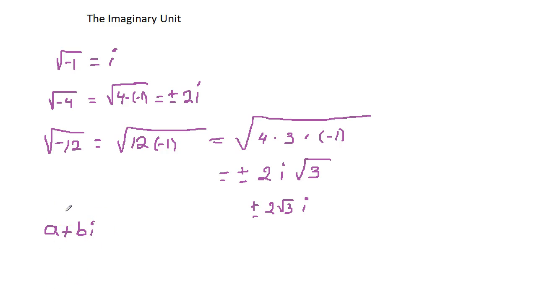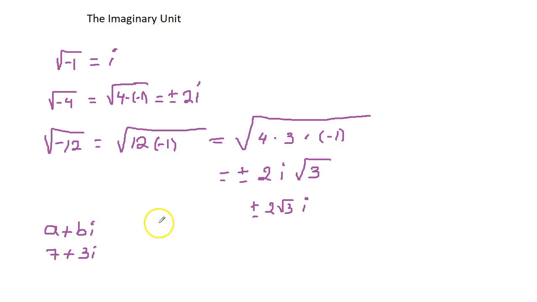So, for example, another way of writing a complex number would be 7 plus 3 times i. That means this part is the imaginary part and this is the real part.